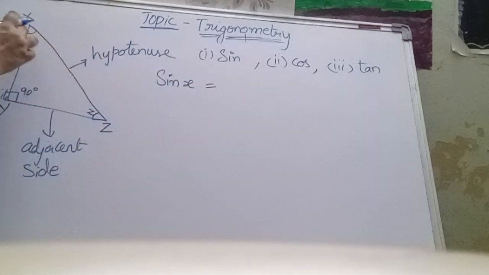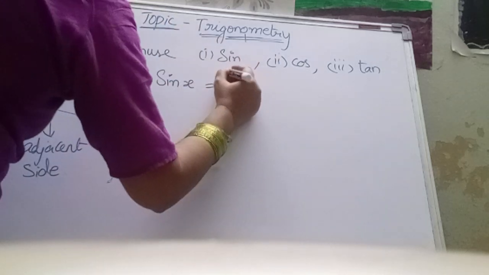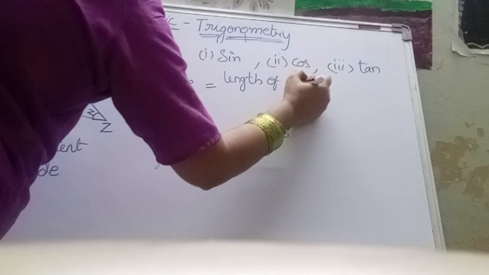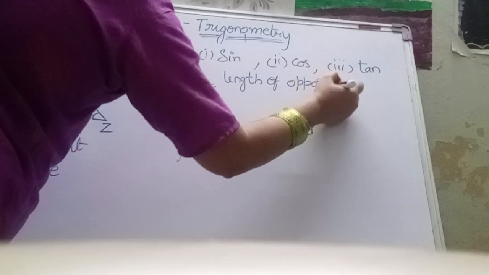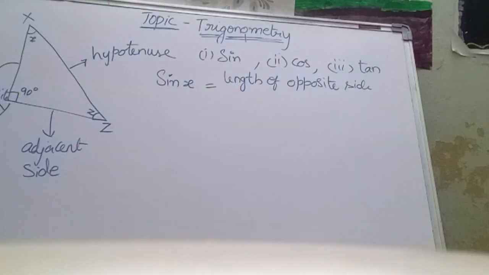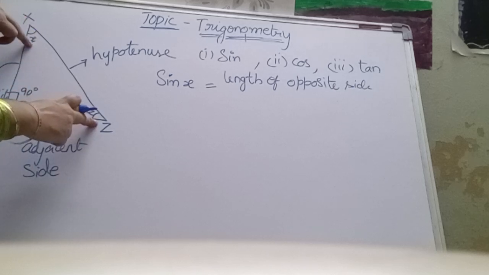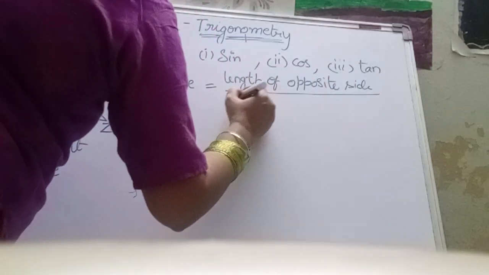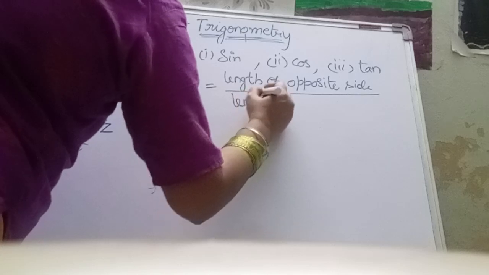The formula is the length of the opposite side by the length of the hypotenuse. Why did we write the opposite side? Because for this angle, what is the opposite side? Yz.